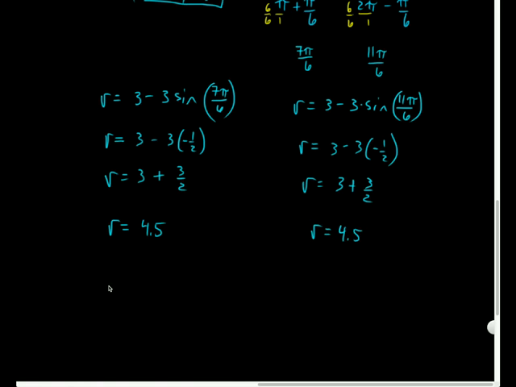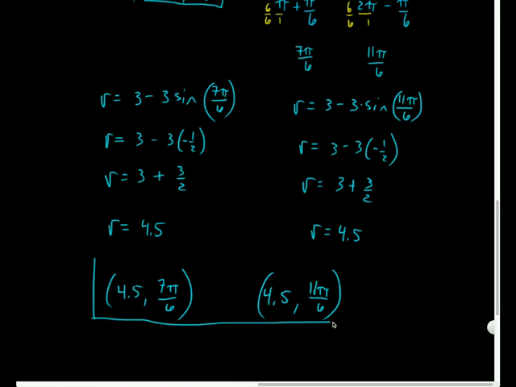So my solutions in r theta are 4.5 comma 7 pi over 6 and 4.5 comma 11 pi over 6.